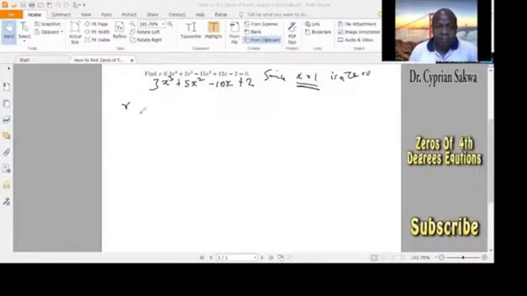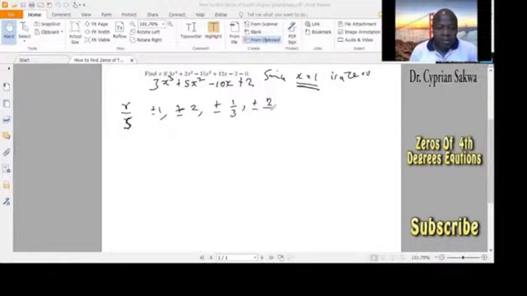So that means if it can be reduced, then one of its factors must be r over s. We still have the same, this time is positive 2, so r over s will be plus or minus 1, plus or minus 2, plus or minus 1 over 3, plus or minus 2 over 3.